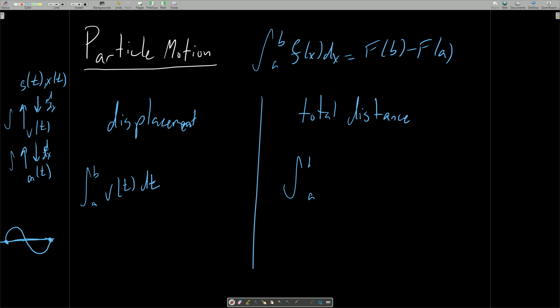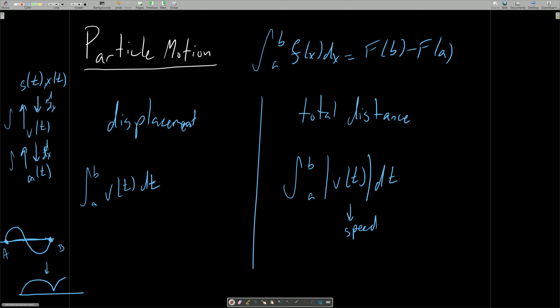Total distance is the definite integral of the absolute value of velocity, or speed. Because this takes into account all of the little nuances that happen on your way from point A to point B. So this graph would look something like this for speed, right?